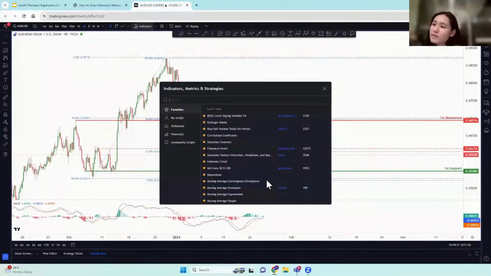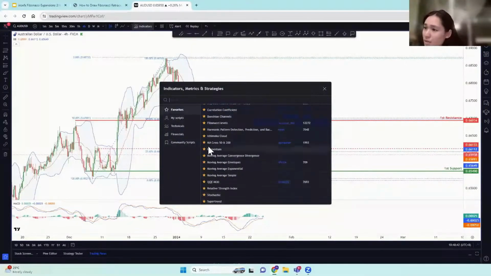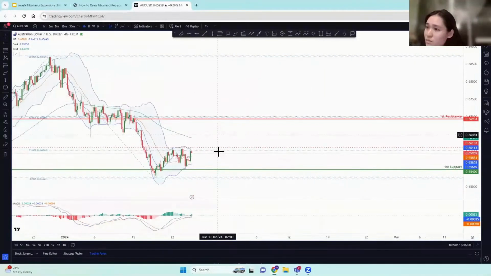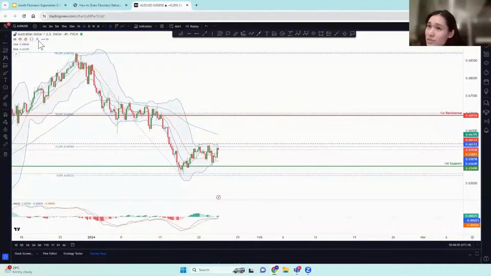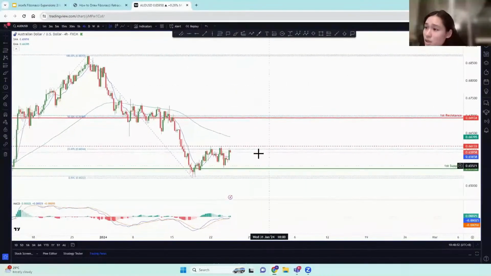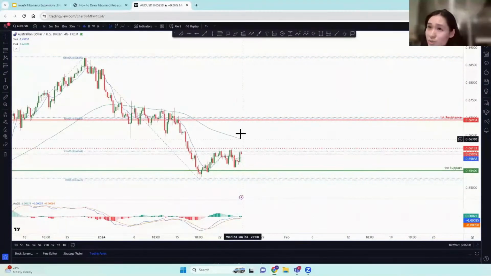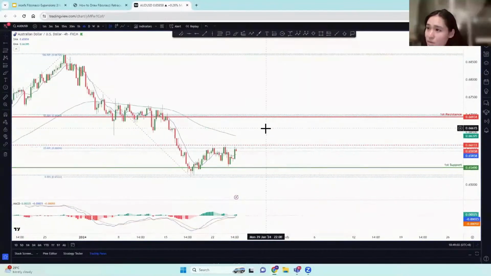Now let's look at Bollinger and MA. Bollinger isn't telling us much. Price is moving above our SMA, so in the short term it does look like price is going to move upwards, but it is moving below the EMA.